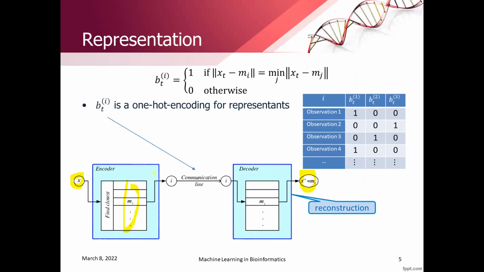On the right-hand side, on the decoder, we take the index i and say that the observation was the i-th reference vector. We know that this is not exactly what was observed on the left-hand side, but this is an approximation. What we obtained here, x prime, is some reconstruction of the original observation, and our goal is to minimize the error on the reconstruction.